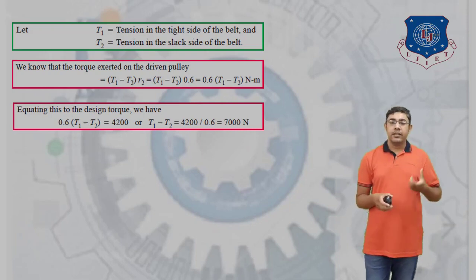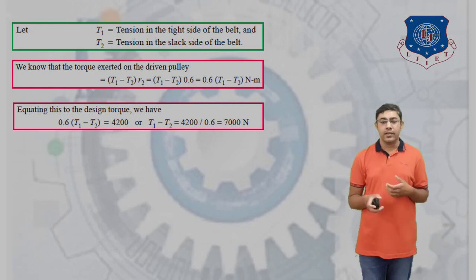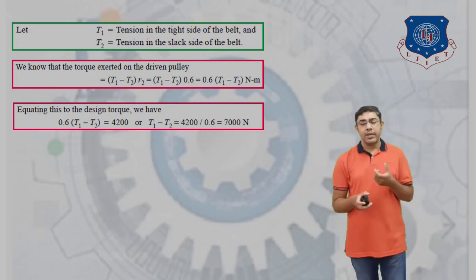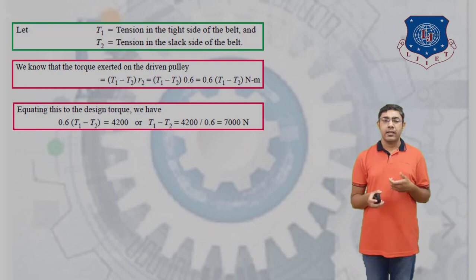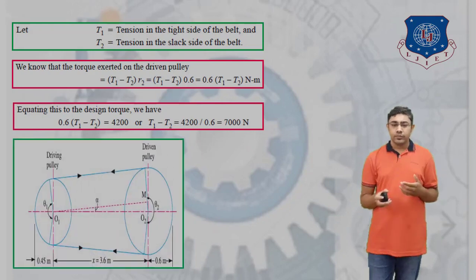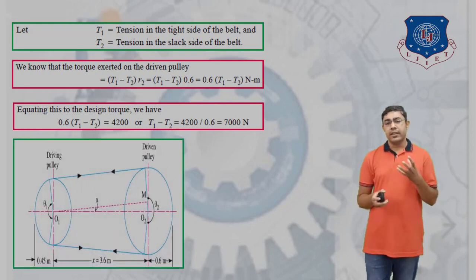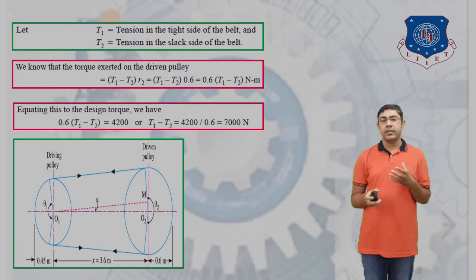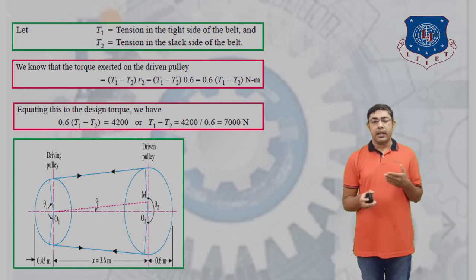So T1 minus T2 is equal to 7,000 Newton. This is the difference between the tension in the tight side and the tension in the slack side.